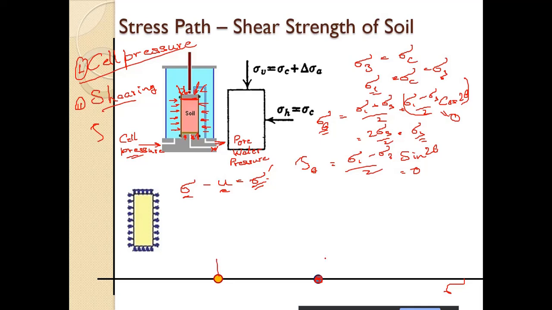So this difference is the pore water pressure. And this is the effective stress, sigma dash. Again, tau theta dash is also equal to 0. And this is total stress, sigma.